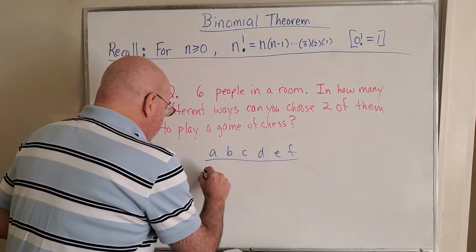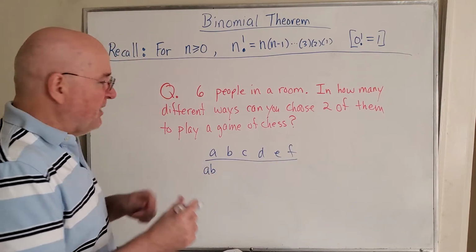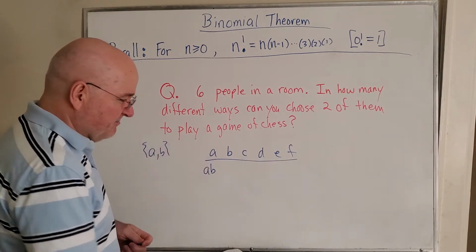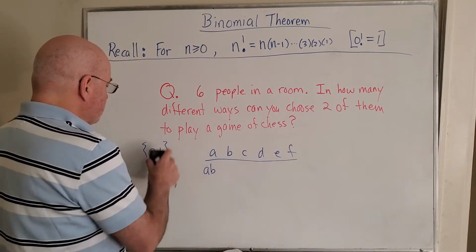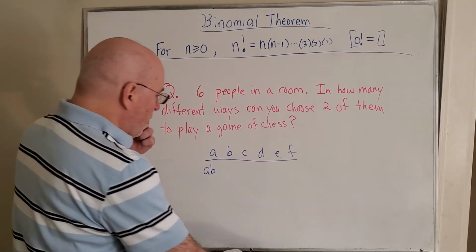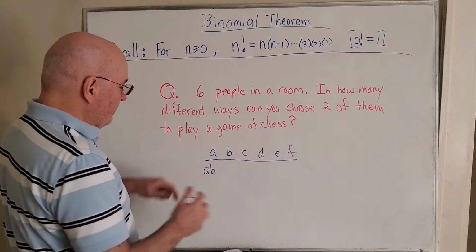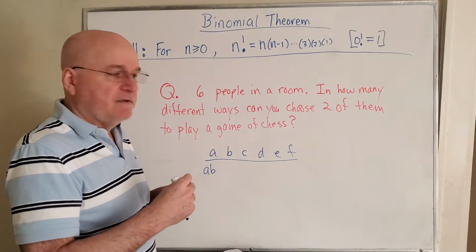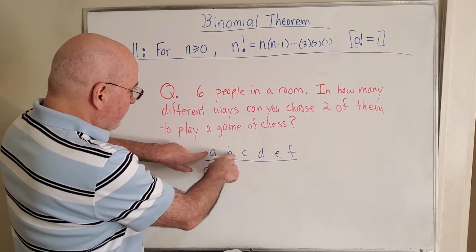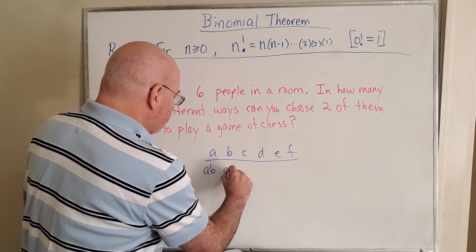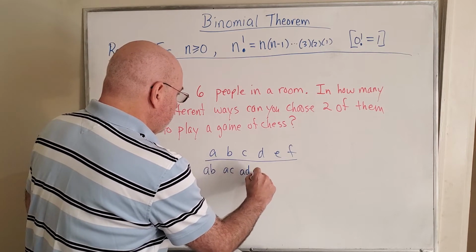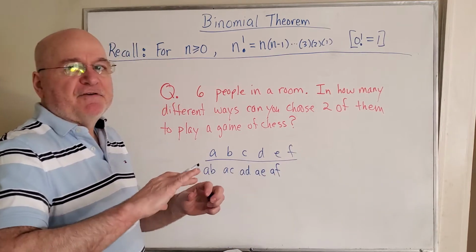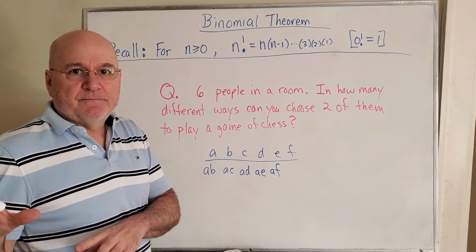AB, I should probably write it like A, comma, B as a set, but AB means I chose A and B. So the nice ordered way to do it would be, let's get all of the possibilities where A is included. So I could go AB, AC, AD, AE, AF. Now I've completely taken care of A.